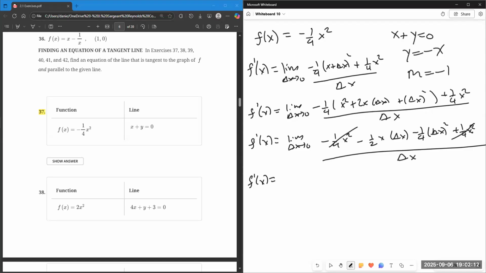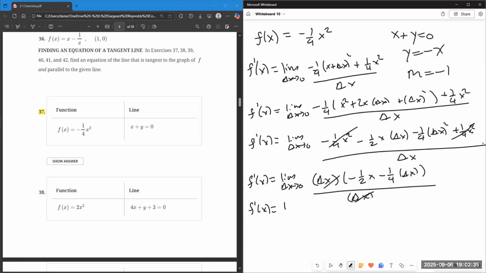F prime of x is the limit as delta x goes to 0 of, let's pull that delta x out, that's common now, negative 1/2 x minus 1/4 delta x over delta x, and those will cancel to give me a 1. So f prime of x is equal to the limit as delta x goes to 0 of negative 1/2 x minus 1/4 delta x.